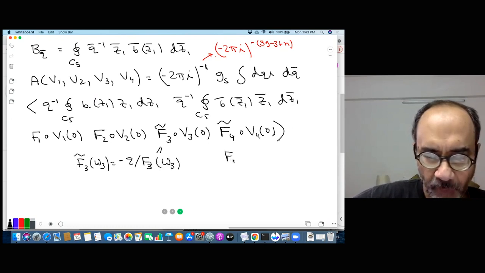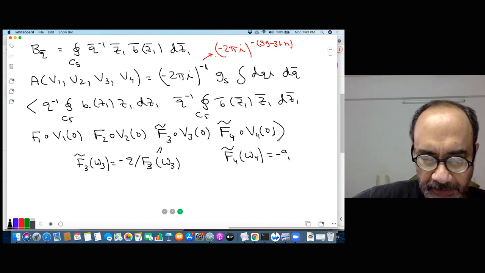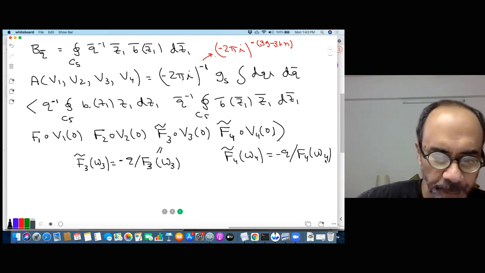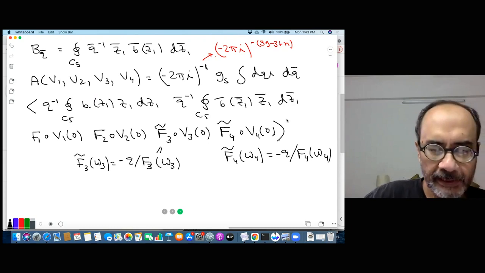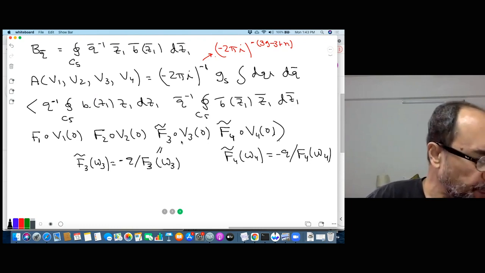And similarly, f4 tilde of w4 is minus q over f4 of w4. I hope this is clear. So this gives the full amplitude.